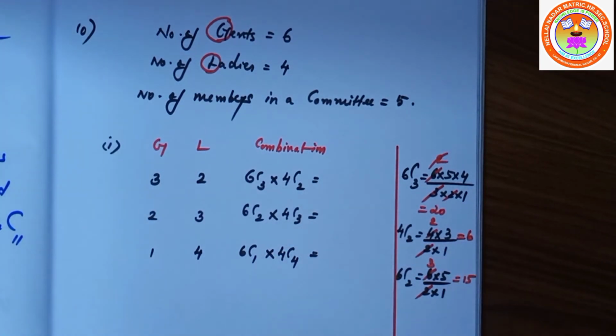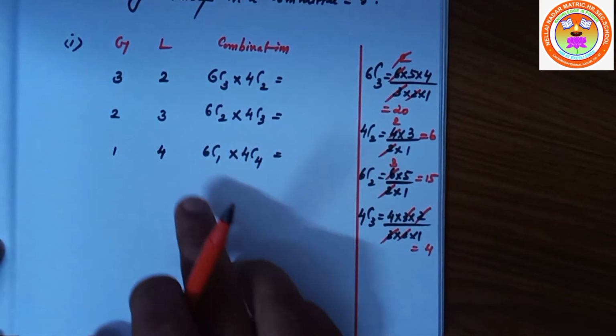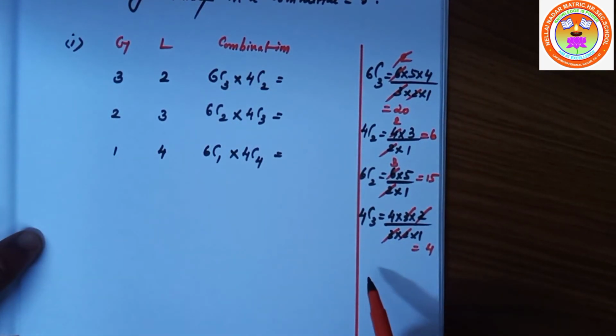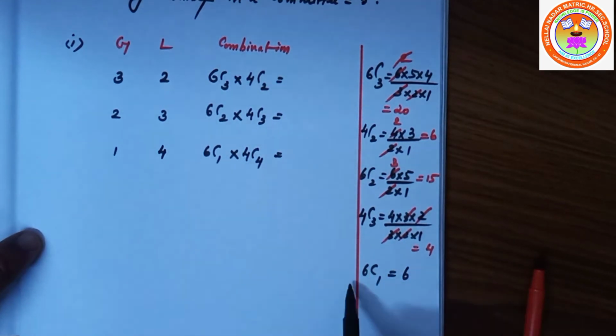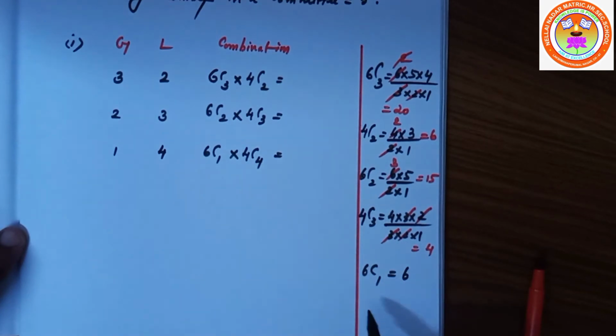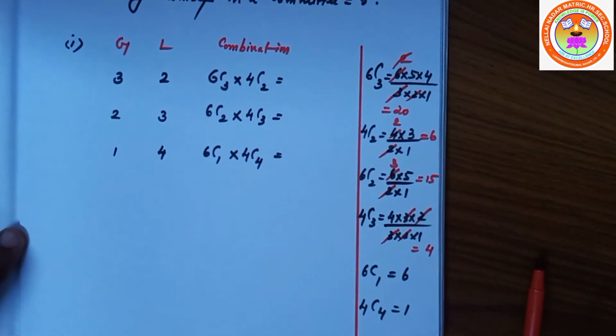Next one 4C3 equals 4 into 3 into 2 divided by 3 into 2 into 1. 3 3 2 2 get cancelled, that is equal to 4. Then 6C1 is equal to 6 because nC1 is n, and 4C4 is equal to 1 because nCn is 1.